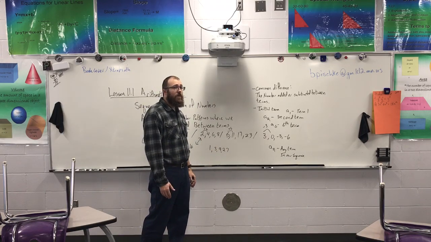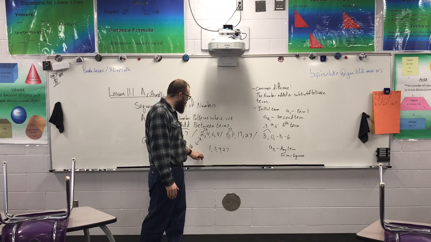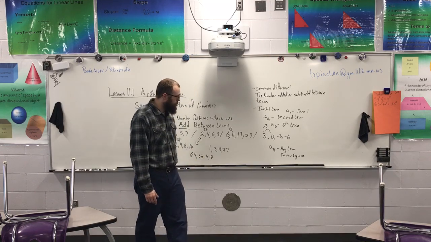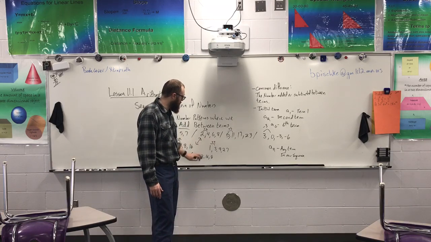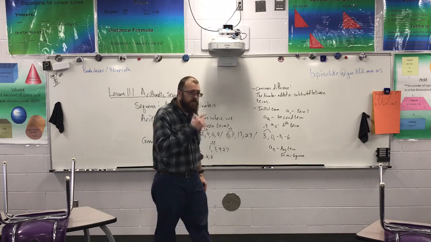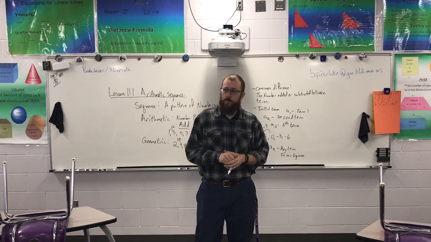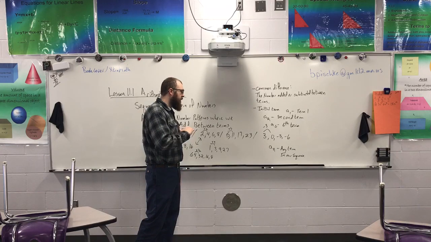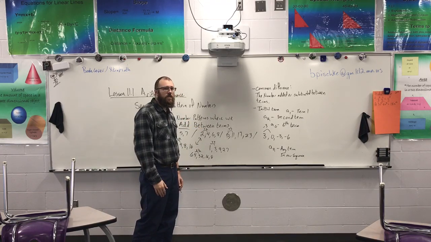Or you could be multiplying by a small number like 64, 32, 16, 8, etc., which is multiplication by half, and this one is multiplying by 3. Geometric sequences grow very, very quickly or shrink very rapidly in comparison to arithmetic sequences that are very uniform in their growth and descent.